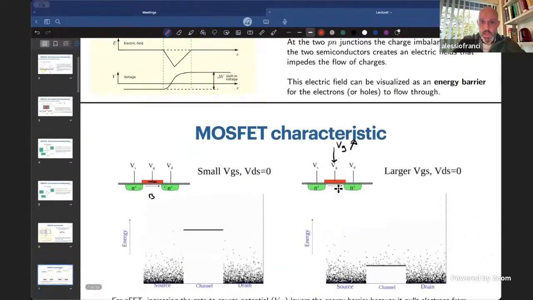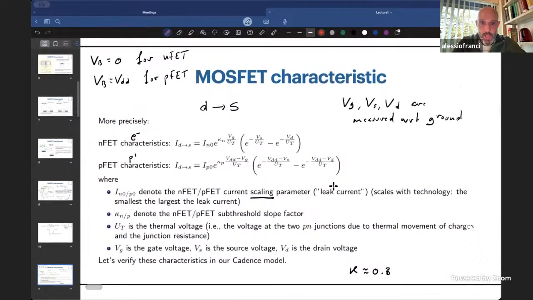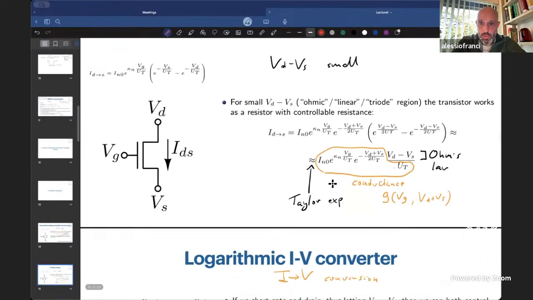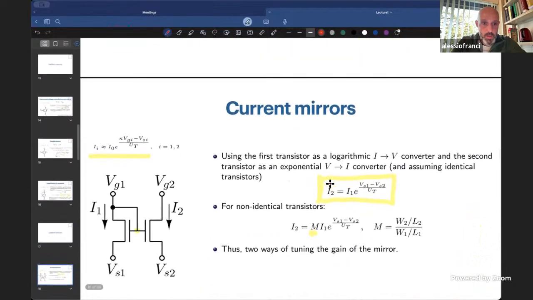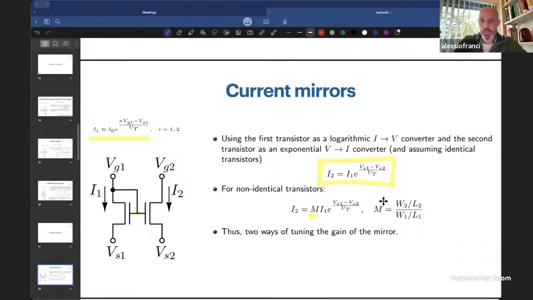And if you remember from last week, we saw in the current mirror that if the width and the length of your transistor change, the input-output characteristic of your transistor will change.